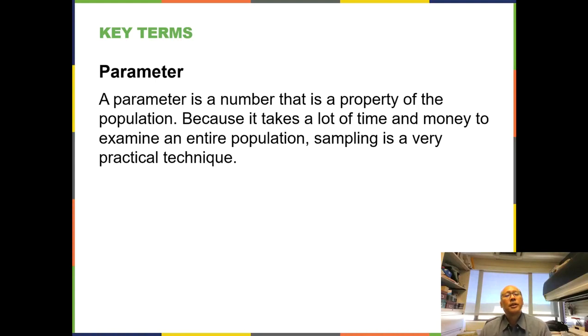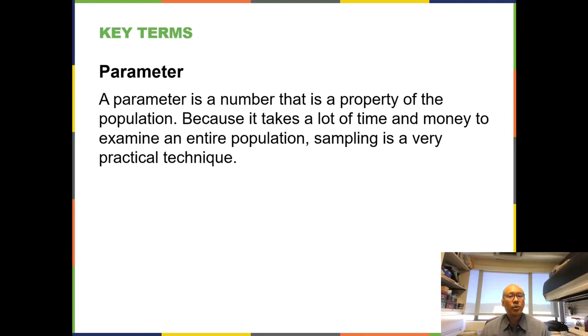A parameter is a number that describes the population. So it could be the average of the whole population, it could be something else, a standard deviation of the whole population. But whenever we refer to the mean of the population, that is the parameter.